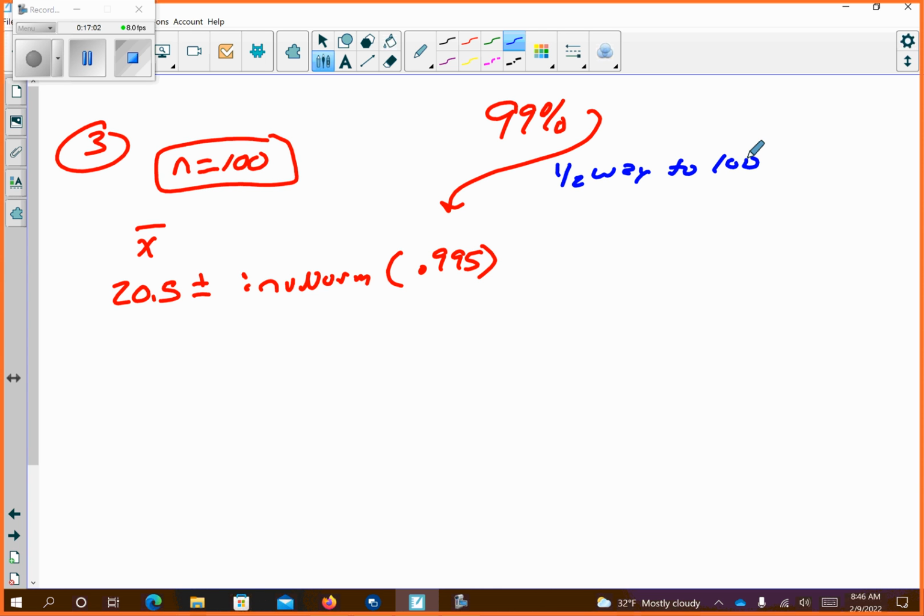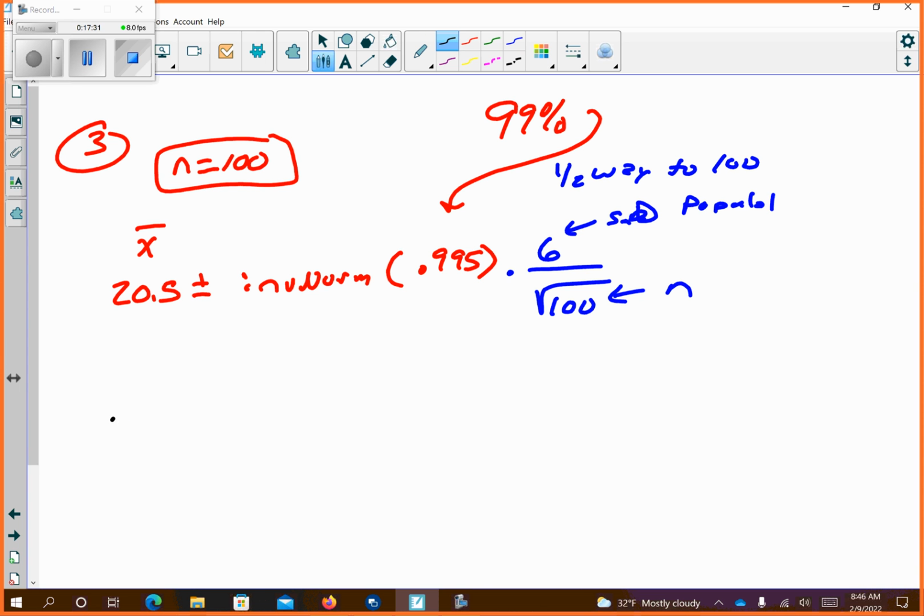And then we have times 6. That's our standard deviation of the population, over the square root, the 100 was the n.